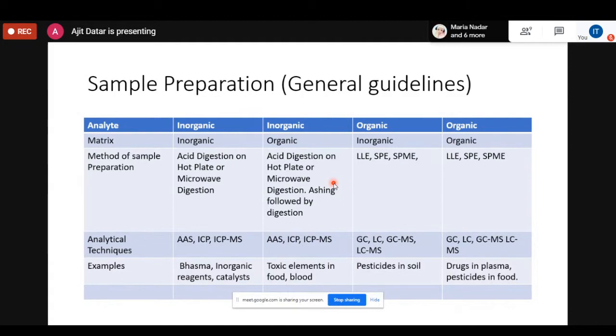When we have organic analyte and inorganic matrix, now when the organic analyte has to be taken, we have to have an organic solvent for that, because organic analyte will dissolve in organic solvents.